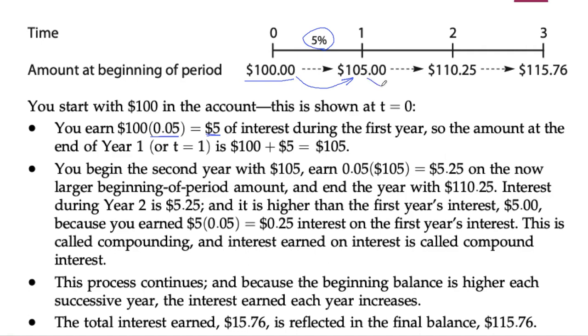suppose you continue to reinvest, and this time your interest will be calculated based on the $105 here. So as you see, the interest you earn grows over time, because as a result of reinvestment your investment is growing over time, and therefore the interest that you receive is also growing.